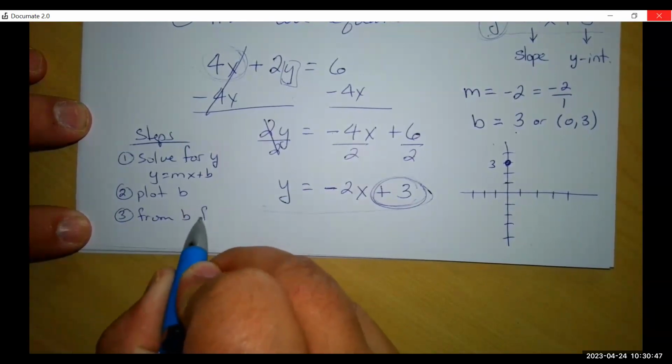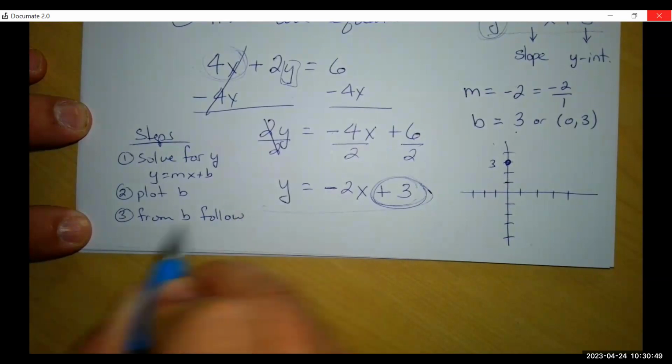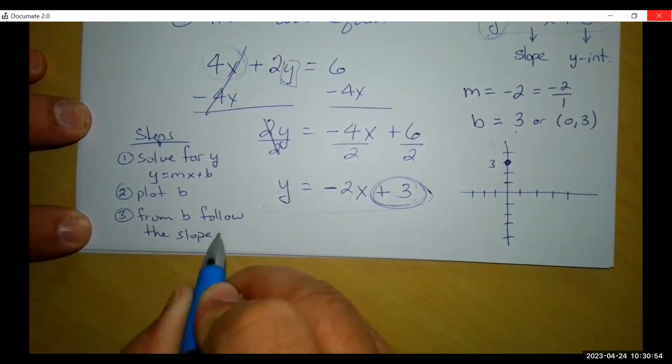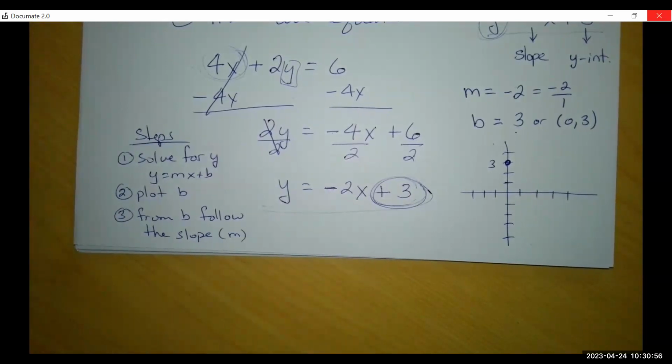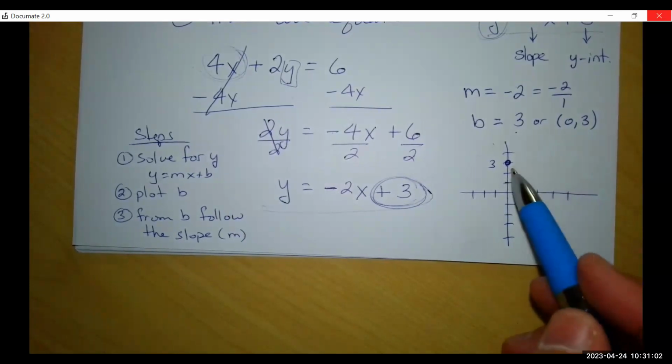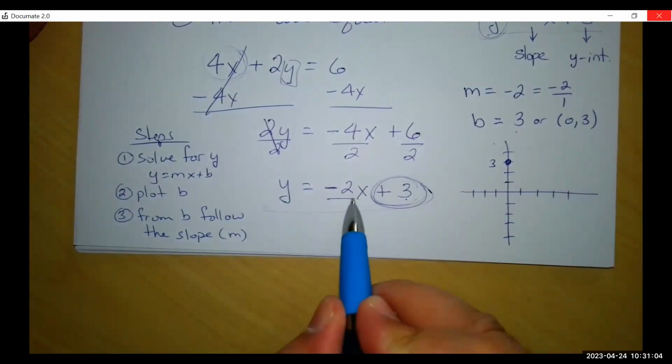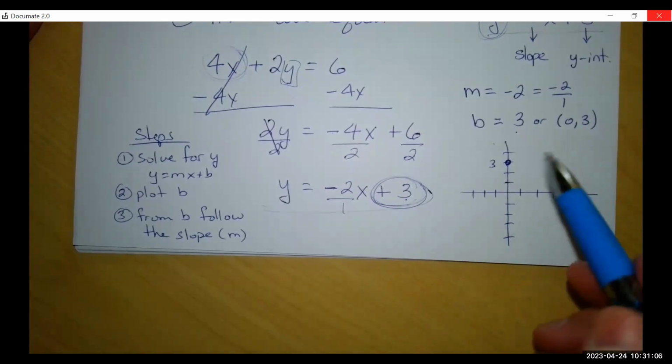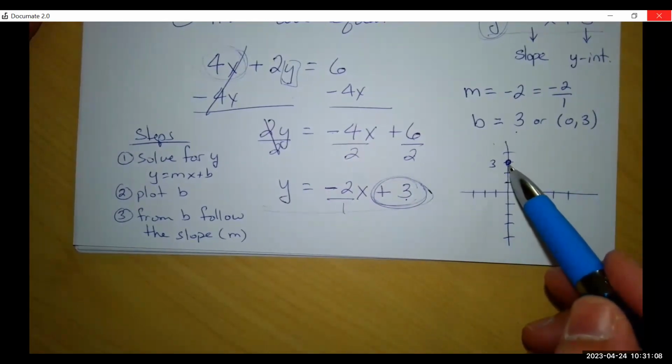From b, follow the slope, m. So here's my y-intercept. My slope is -2 over 1. So from here, I do what?